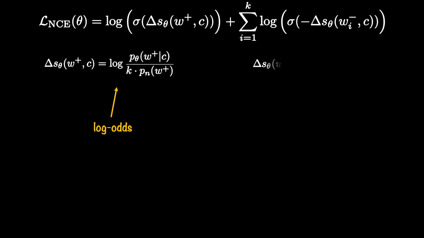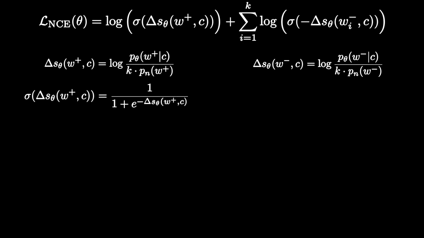The same story is for the delta score for the negative samples. We apply the sigmoid function on the delta score, and it would look like this. So let's put in the value of the delta score.